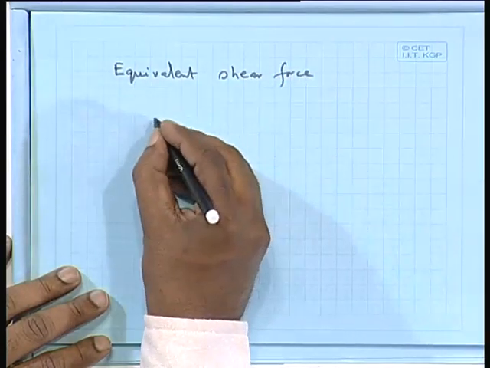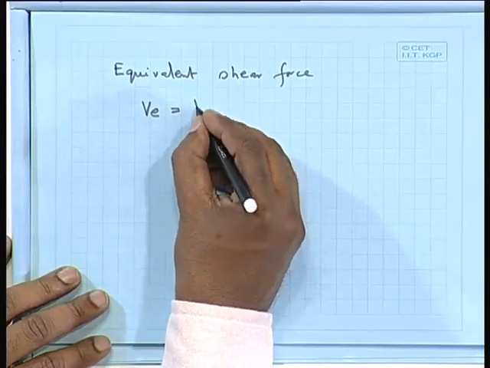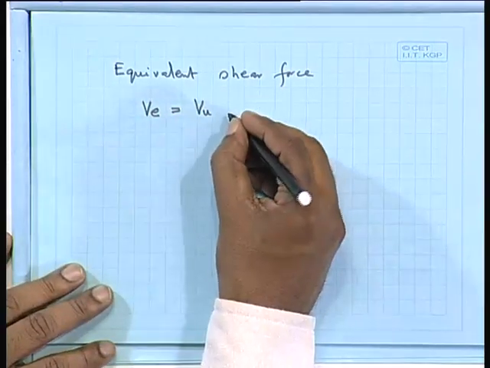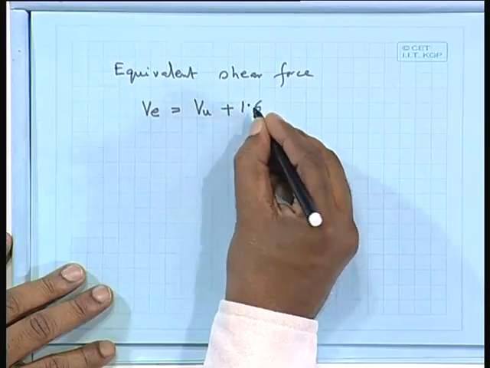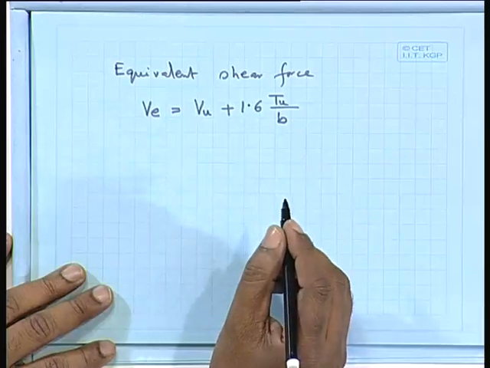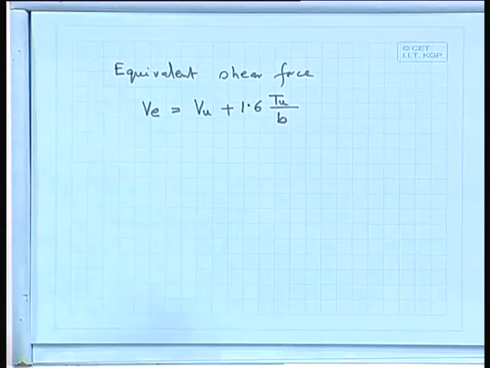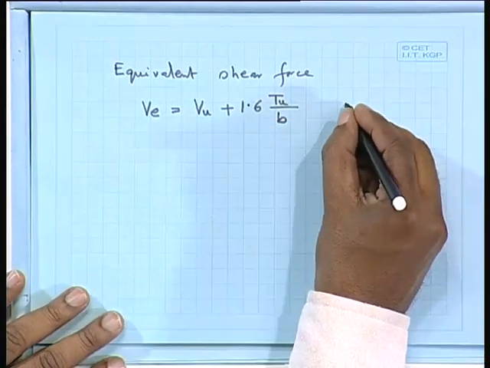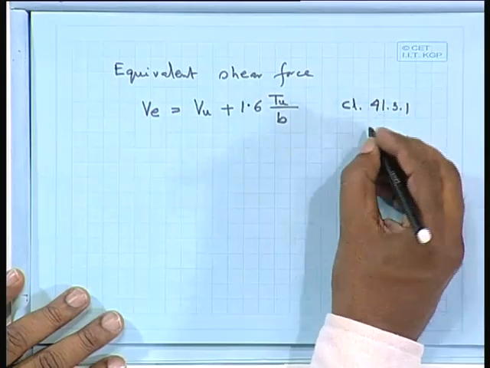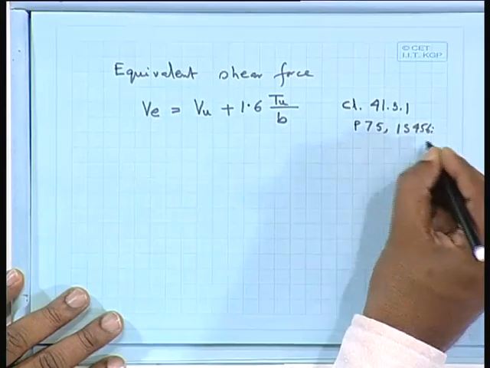In a particular section where that torsion is acting, I can say VE equals VU, the shear force from the usual way you have got it, plus 1.6 TU by B. This is available in clause 41.3.1, page 75, IS 456 2000.